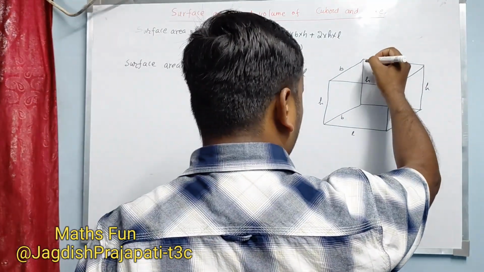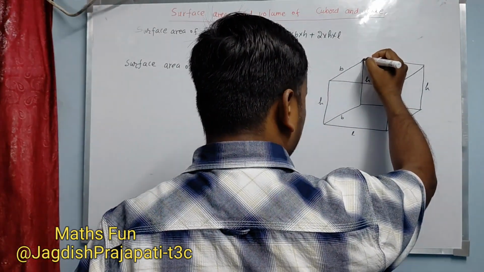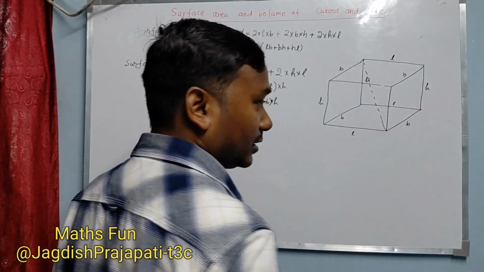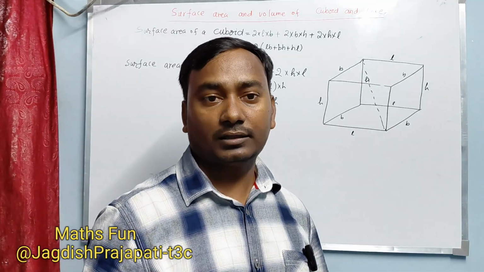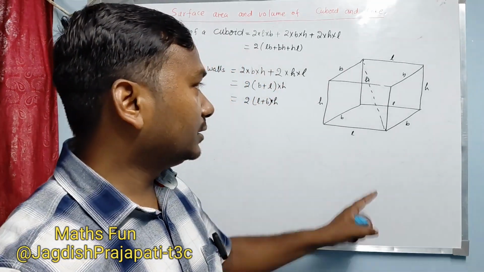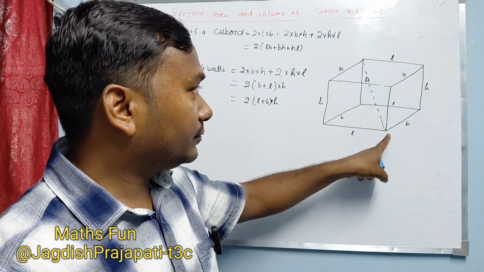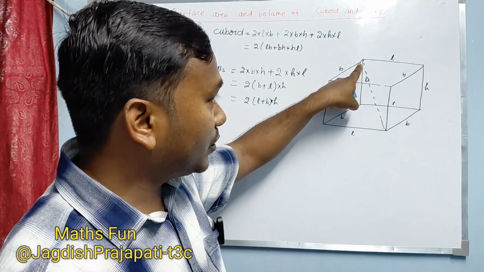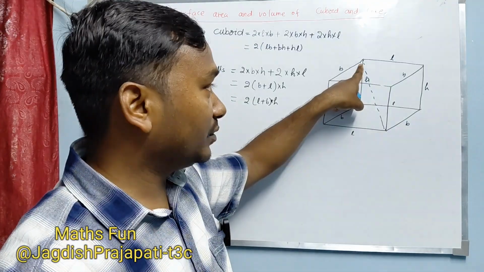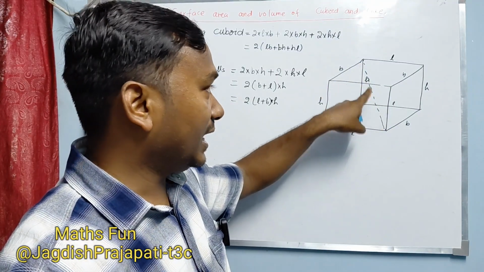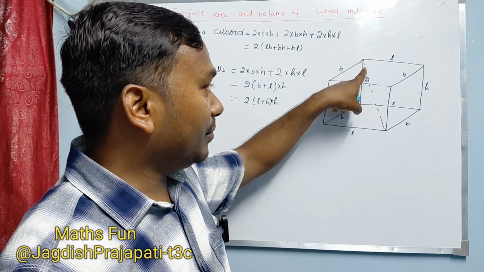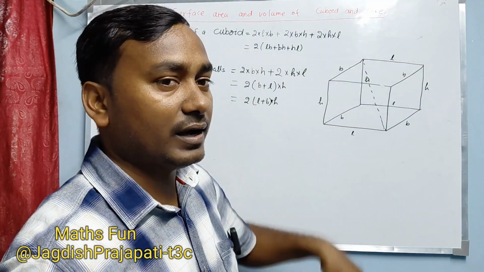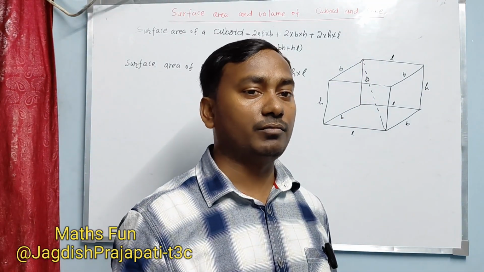So if you place one end at the top corner and the other end at the bottom corner on the opposite side, place the rod in such a way, and this will be the length of the maximum rod that can be placed inside a cuboid or a room.